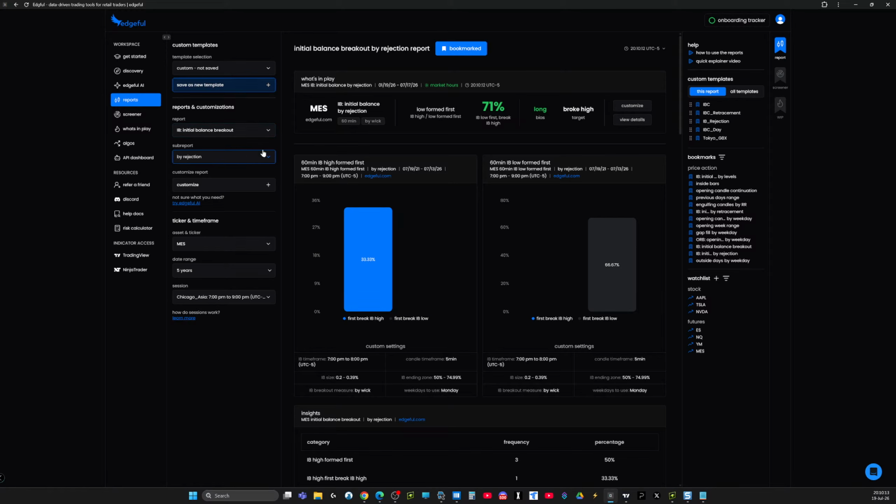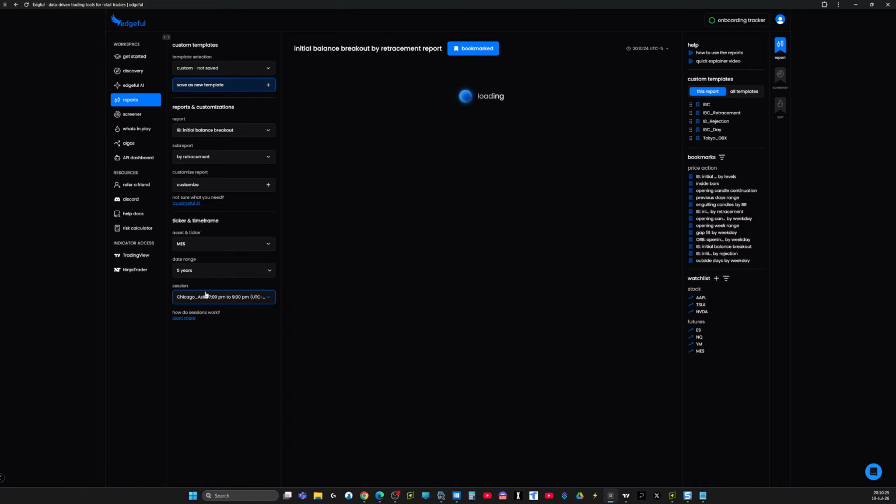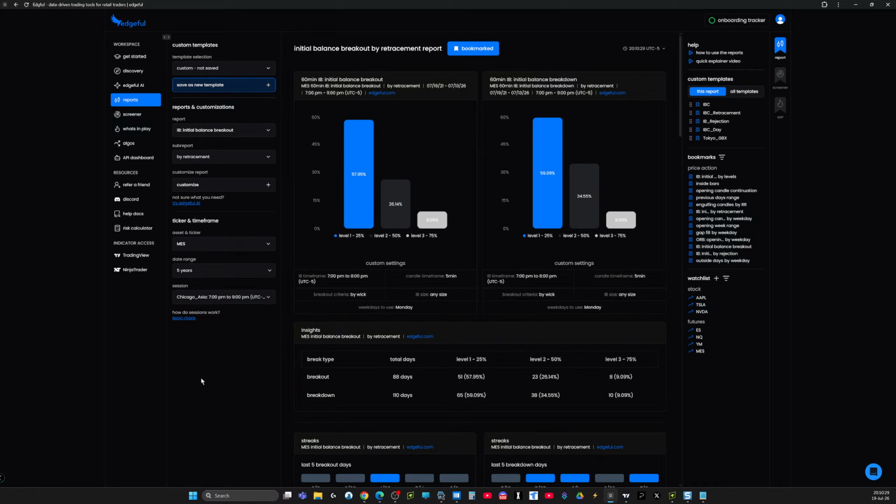And I've seen that many times in recent memory here. That's the rejection. Okay. Now let's look at what happens on the retracement, assuming that we do break the low. 60% probability. Oh, no, we've got to change the customs over here.